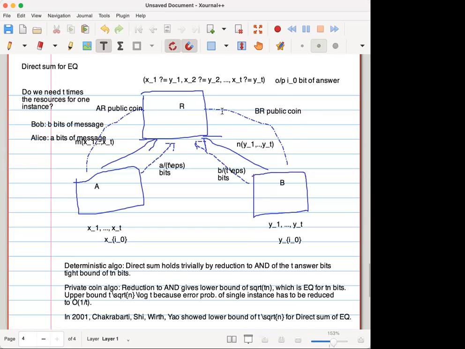I don't want consistency between AR and BR. These are independent public coins. I want to be able to say that Alice and the referee agree on one kind of randomness, that they know the other has this specific setting of the coins. So that's just instantiation. It's not birthday.